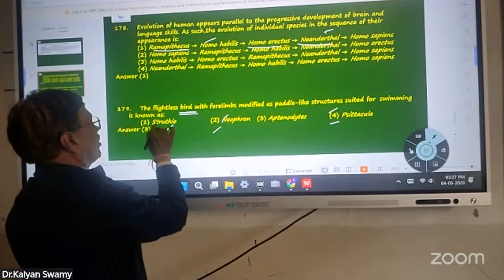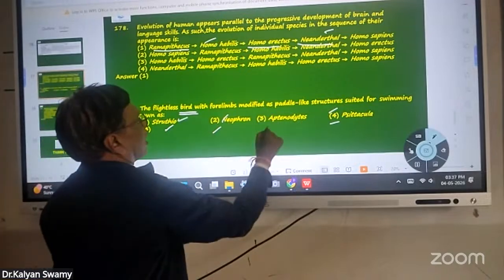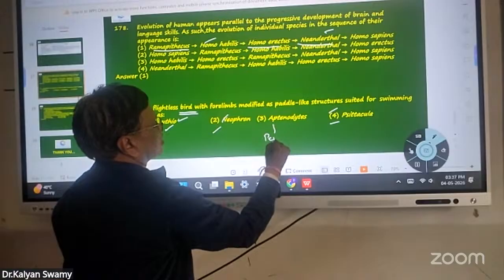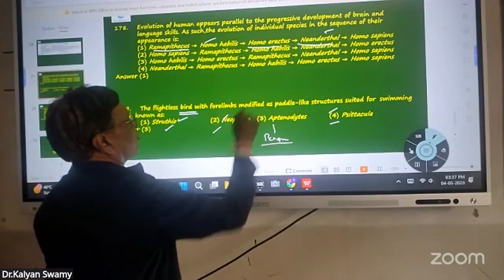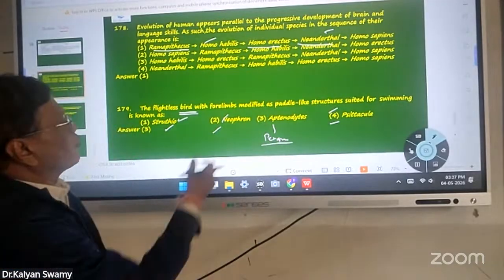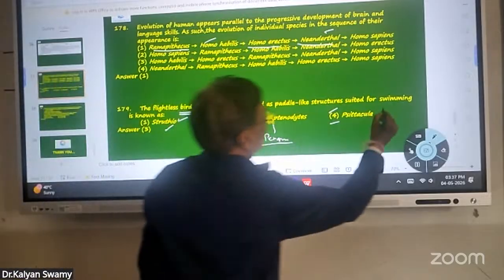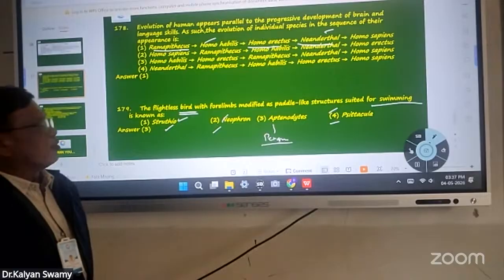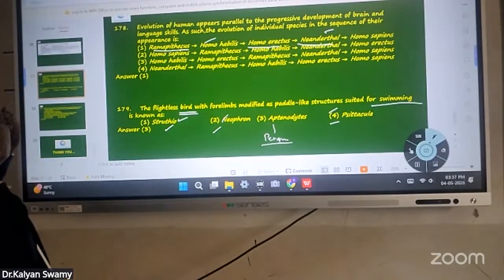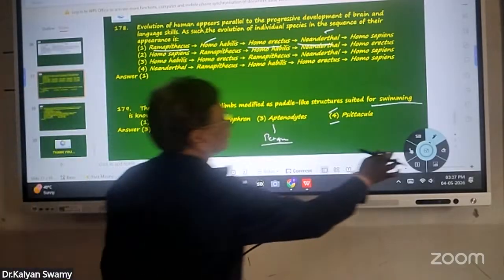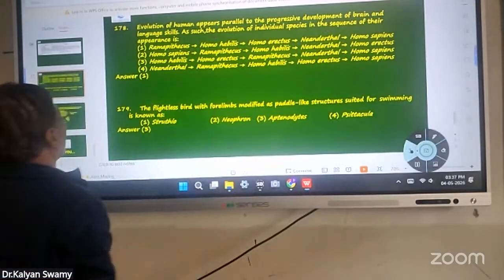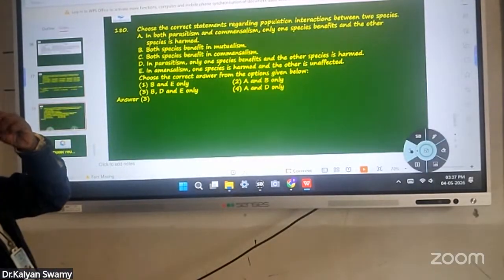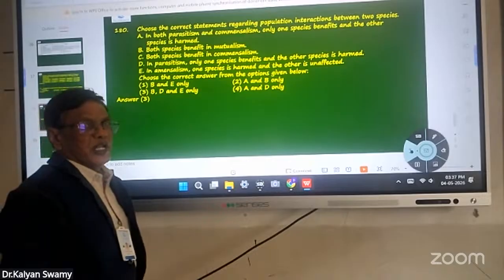Penguins are aquatic and flightless, and their forelimbs are flipper-like structures suitable for swimming. The ostrich is a fast running bird. Okay.